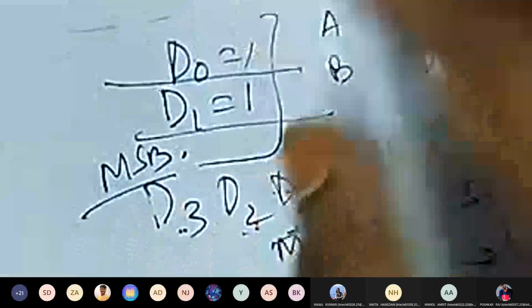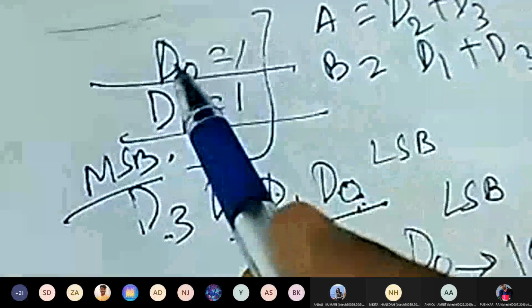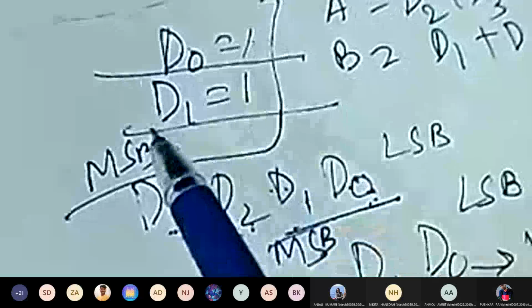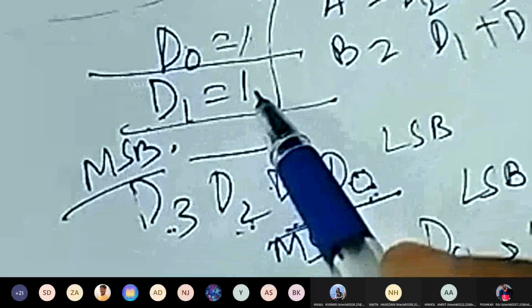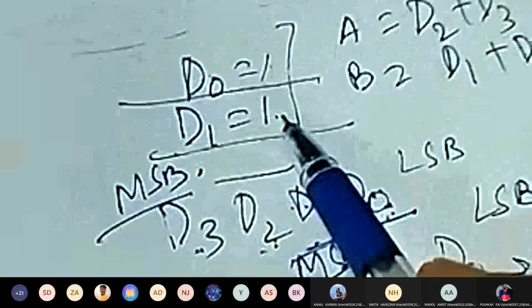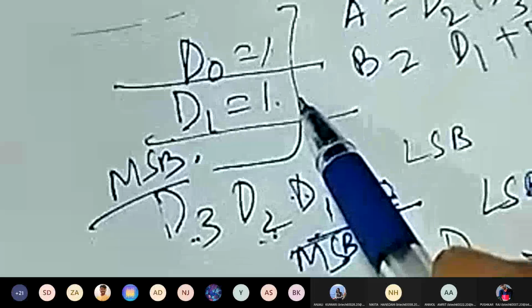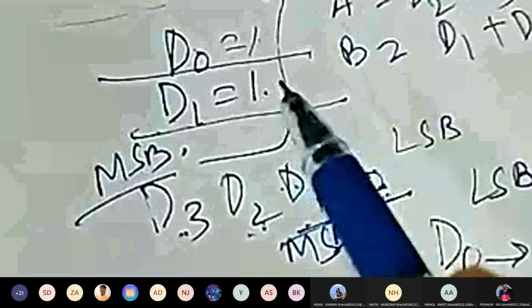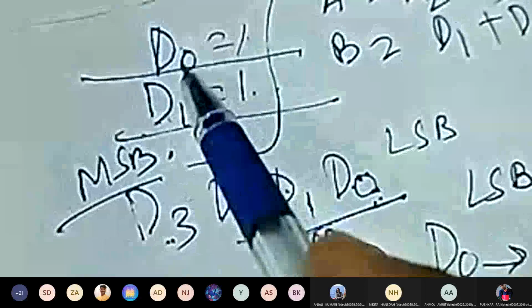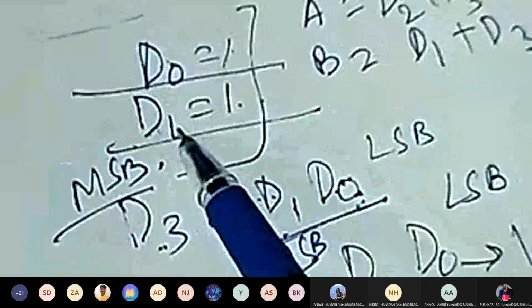Here also we will be doing the same thing. Suppose D0 is high and D1 is also high. Now the question comes, to whom will we give the priority? As I told you, you will give the priority to the most significant bit. Between these two, who is the most significant bit? D1.